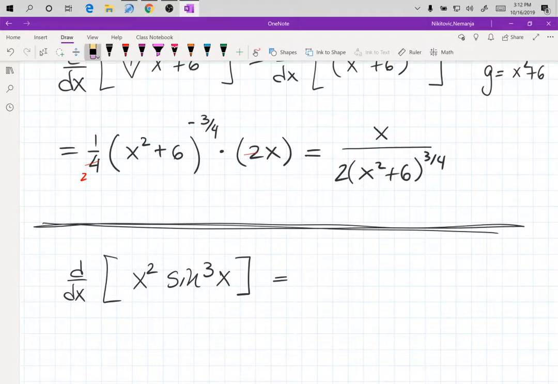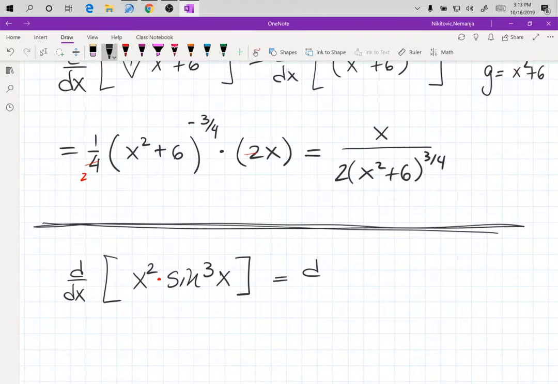First of all, is this chain rule at all? No, good. What is this? Product rule. There's a times over here. This is product rule, and then chain is within the product rule.